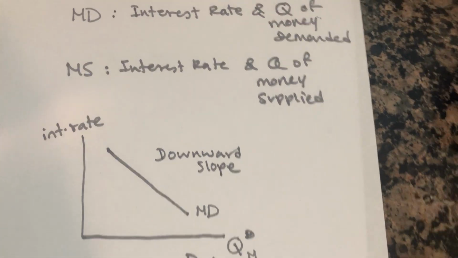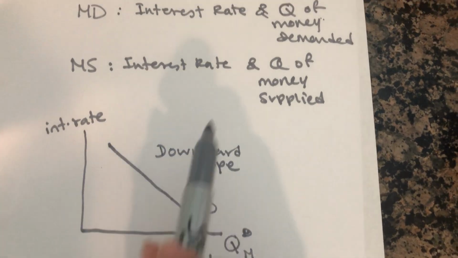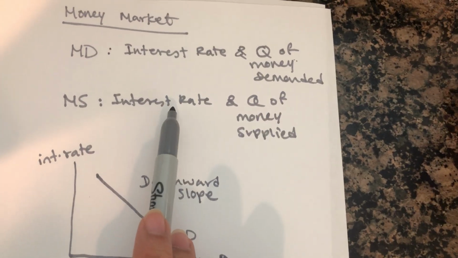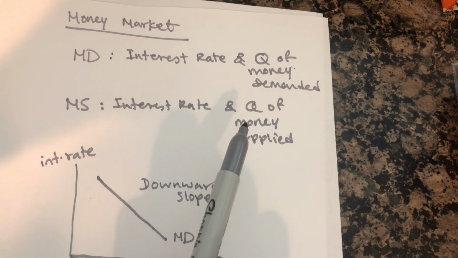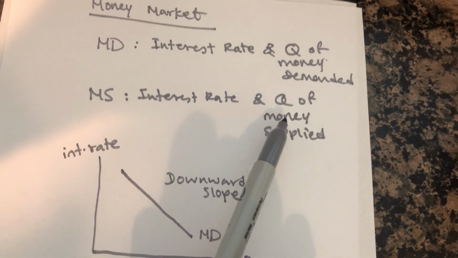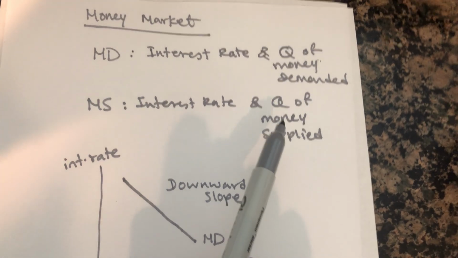Okay, now let's talk about the supply for money. Again, to figure out the shape of this money supply, we should look at the relationship between the interest rate and the quantity of money supplied. But there is something tricky about this quantity of money supplied in the money market.